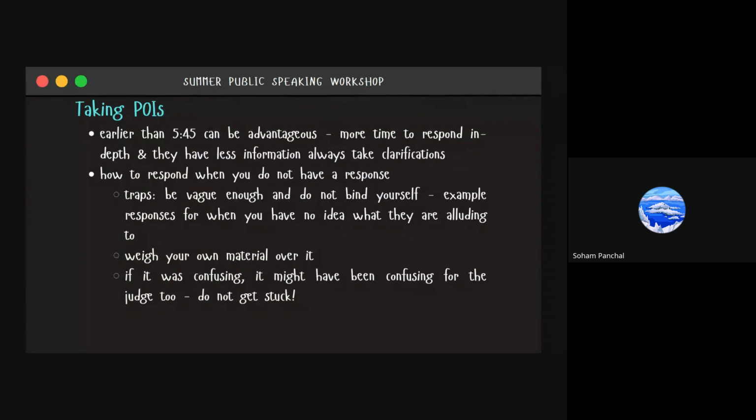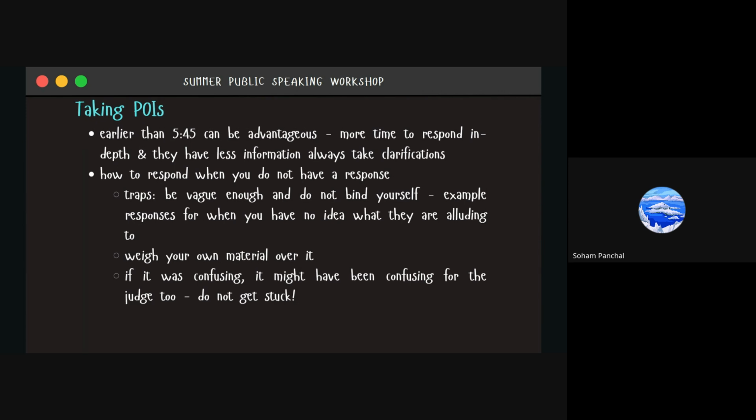And if the POI is confusing or very complex, you could just say that it was a very confusing POI and I will not be engaging with it right now, or I will come back to it later, because it was not very clear. That's basically how we respond when we do not have spontaneous answers to the POIs given.